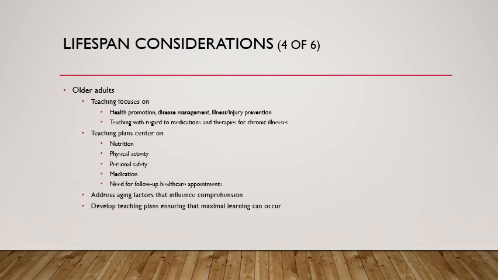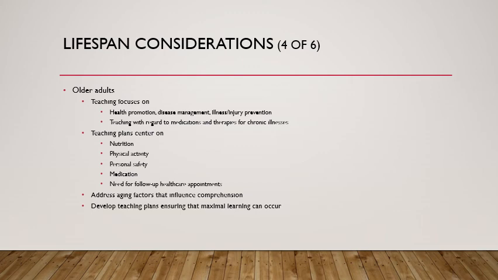Older adults, teaching focuses on health promotion, disease management, illness and injury prevention, teaching with regard to medications and therapies for chronic illnesses. That's usually our main topics for older adults. Teaching plans center on nutrition, physical activity, physical safety, medication, and the need for follow-up for healthcare appointments.